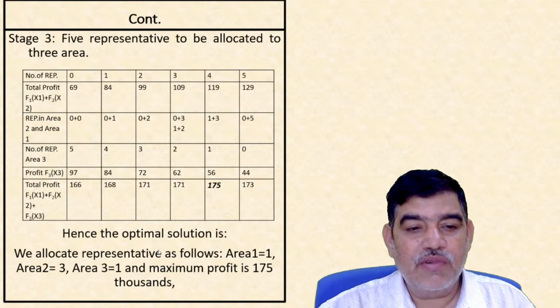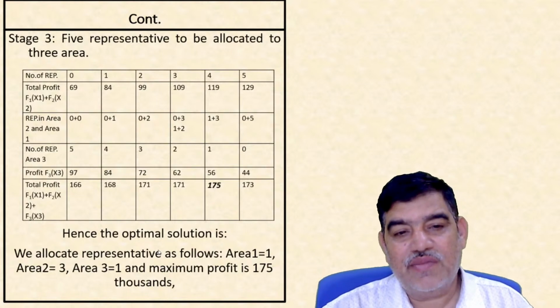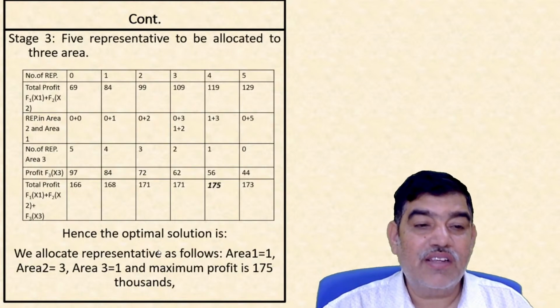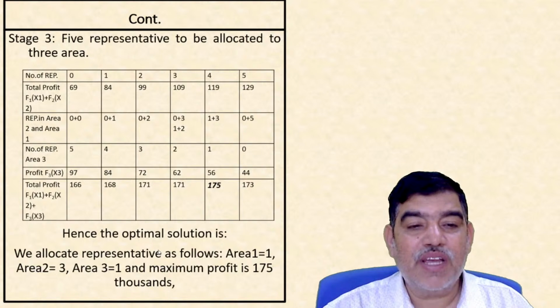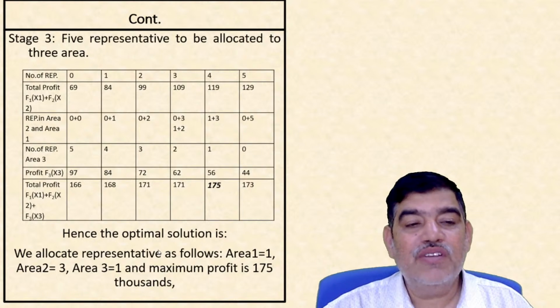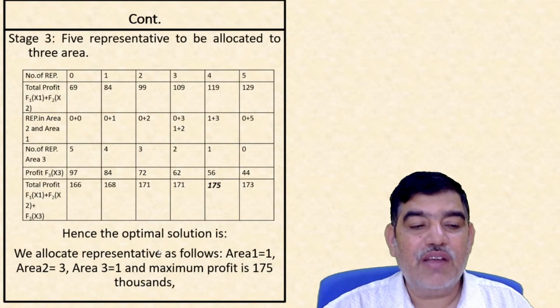Then we take the third area, that is area 3. For the number of representatives in area 3, I am writing it backward, because in the first column heading you wrote 0. In area 3 I write 5, because if you add, that is 5 representatives in total.